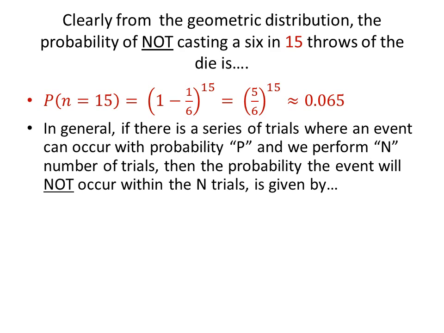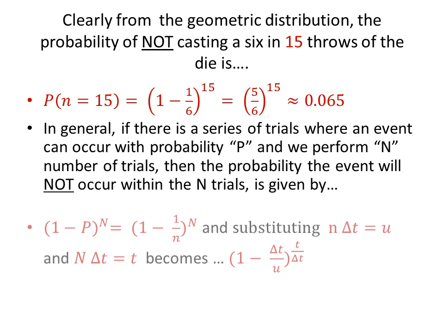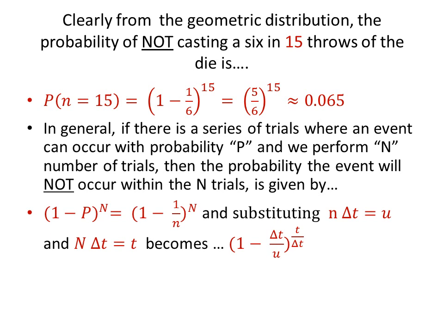And in general, if there's a series of trials where an event can occur with probability p, and we perform n trials within a specified interval of time, then the probability the event will not occur within the n trials is given by (1 minus p) to the nth power, again from the geometric distribution.